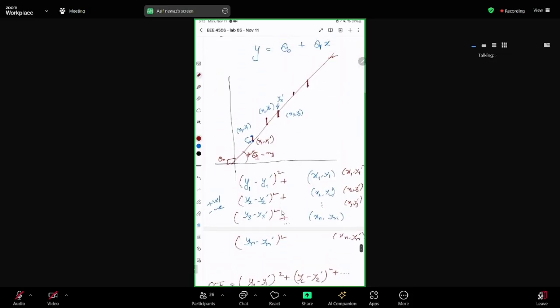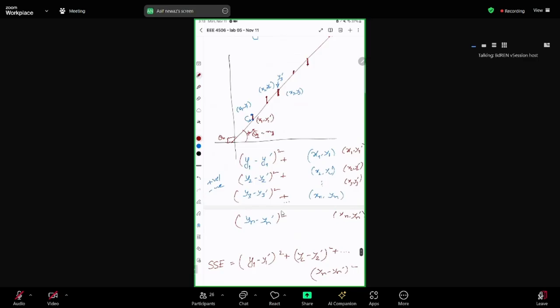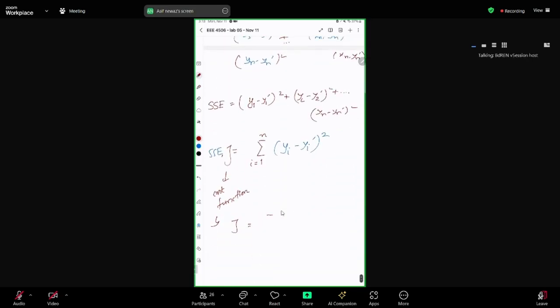We draw this line, and for this line, the total error that we actually got is represented by the summation for i equals 1 to n of (yi minus yi prime) whole squared. We can write it a little differently: the summation for i equals 1 to n of yi minus yi prime, which is the prediction.